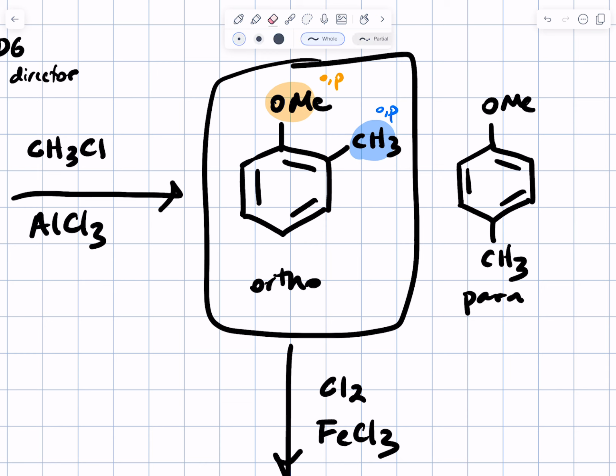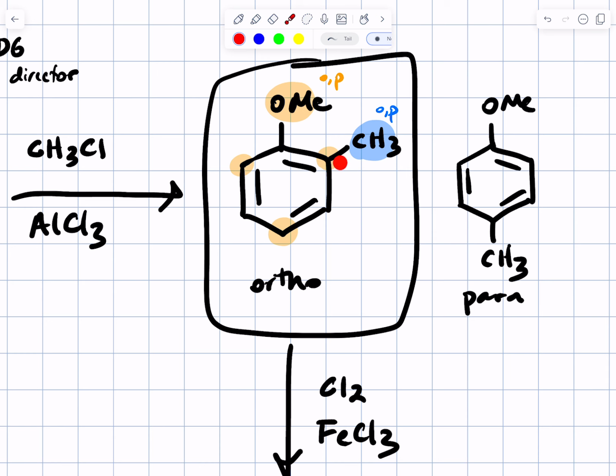Let's label together the carbons that methoxy is going to prefer. So that should be this one, or this one. Could we put an electrophile at that carbon? Why not? This is a substitution reaction.